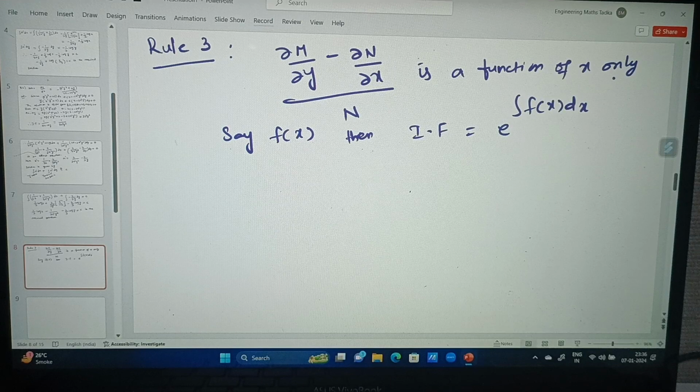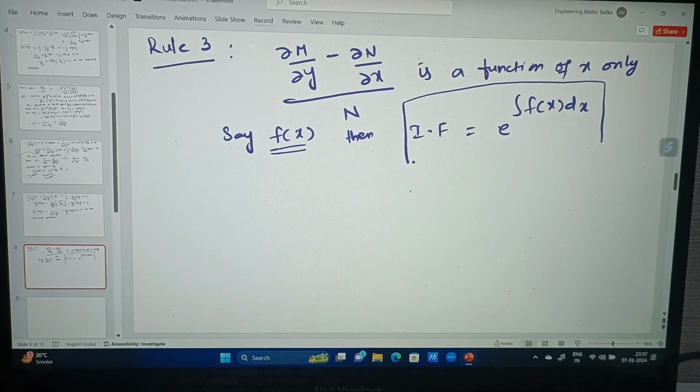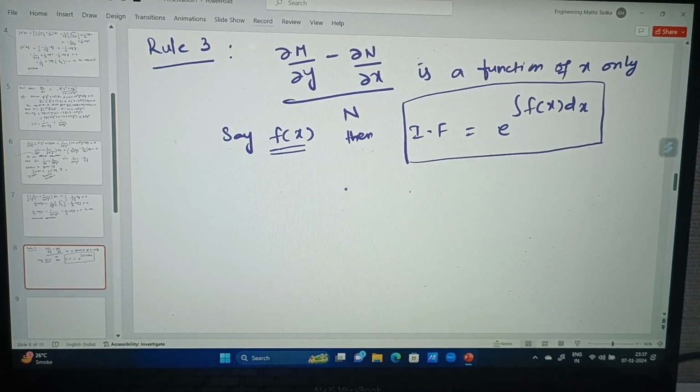Function of x only means the answer you get will have only x terms. Okay, so that type of function we always call a function of x only. Then what is the formula given for the integrating factor? The integrating factor is always equal to e raised to integral f of x dx.